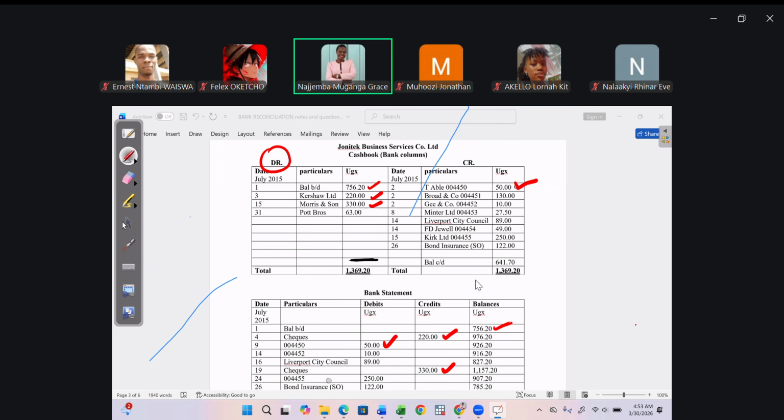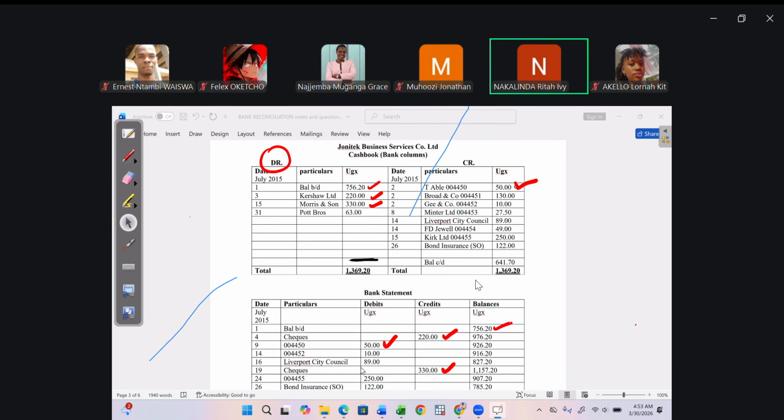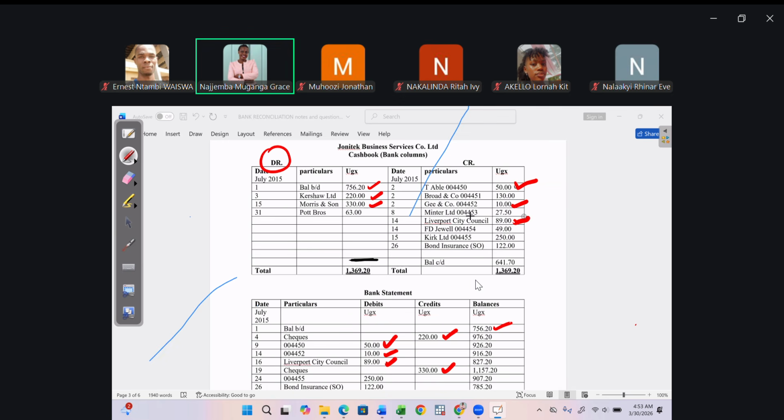It's nowhere. 52. We have it. Is there 10? We have 10. 52. 10. Right amount, right side. 89. That's Liverpool. Yeah, right amount. But this 004453, nowhere.